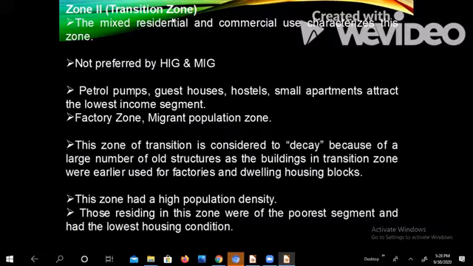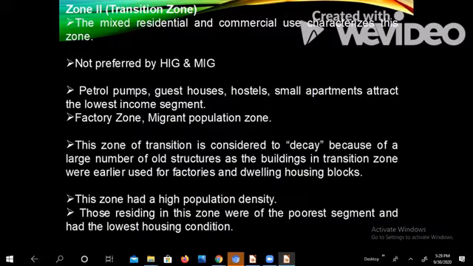The guest houses might have people who arrived in the city for official work in the CBD, or there can be students' hostels. Why students' hostels? Because these students will be studying in the CBD area. There may be various educational institutions in the CBD area or in the transition zone, so to avail those, they will be staying there. These kinds of things are seen in this transitional zone.